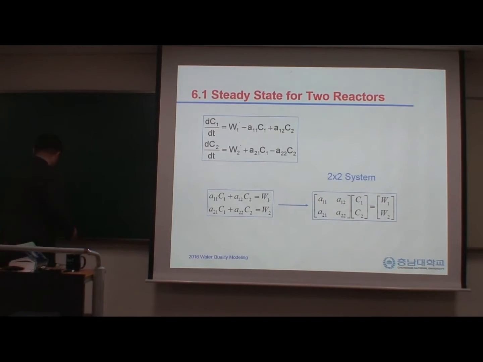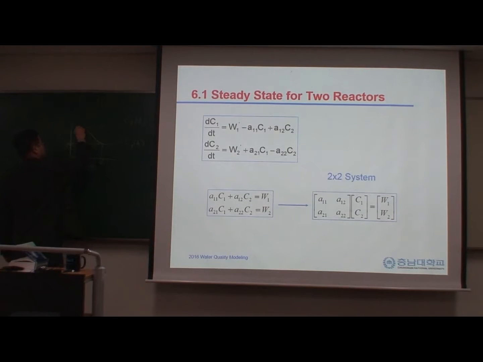So in other words, if you have C and T, and if you can find some kind of curve for C1 and for C2, then it's going to be easy for us to calculate C1 at a certain time T star, and we can have C1 at T star, right?